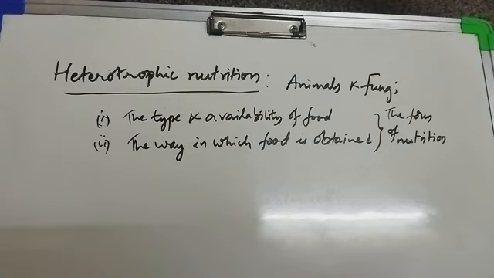For some organisms, food may be completely stationary. Means, as the animal approaches, the food source does not move from that place. For example, if a deer approaches grass, can the grass run away?